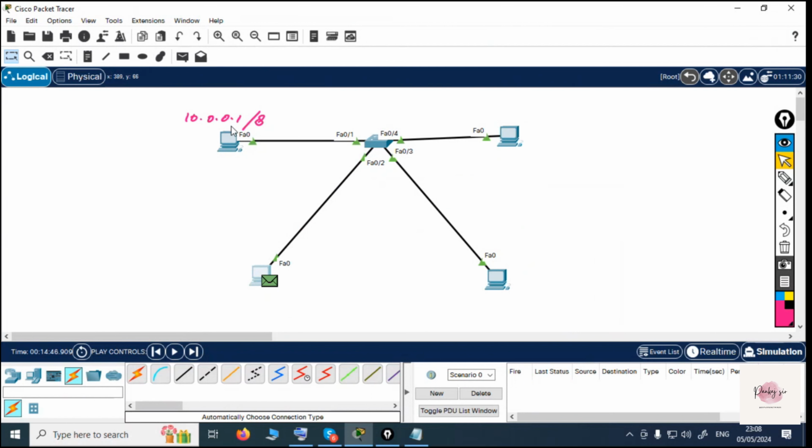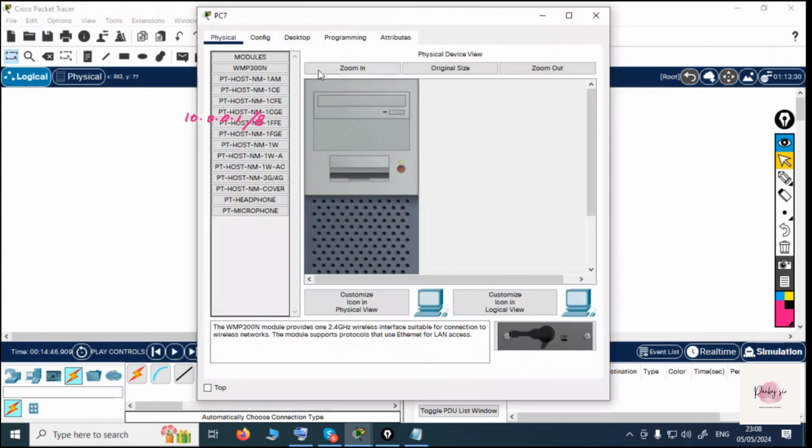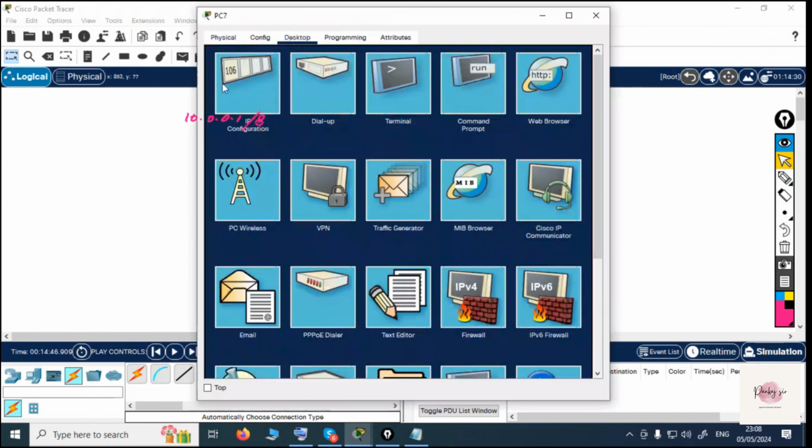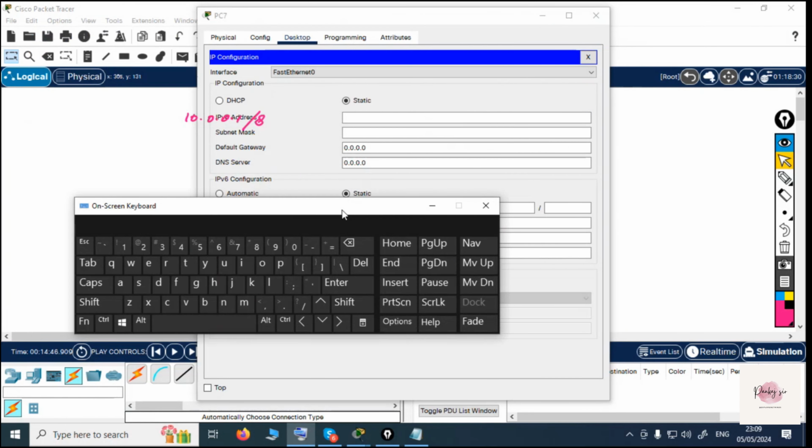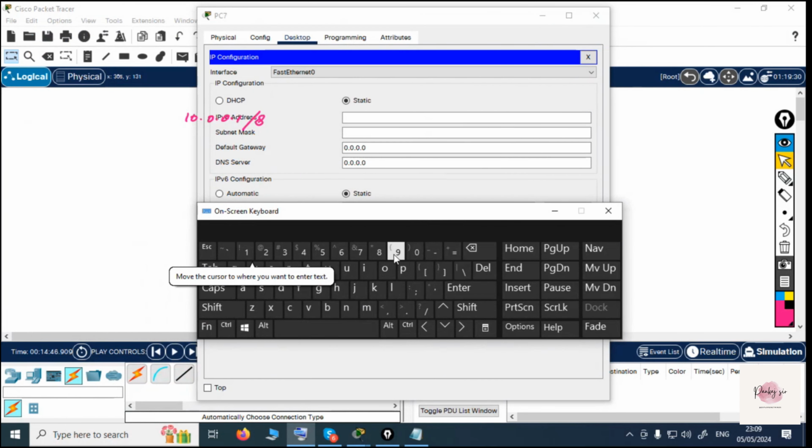What we have to see is that now let me configure the IP address in all these devices. Now you have understood these things.